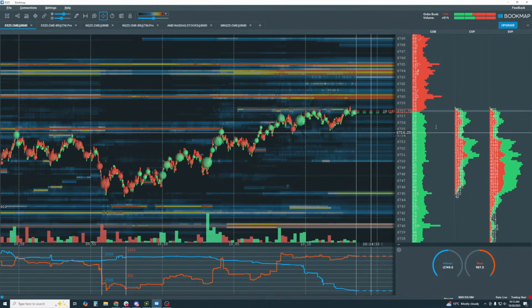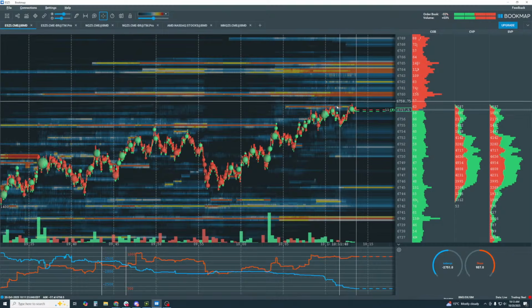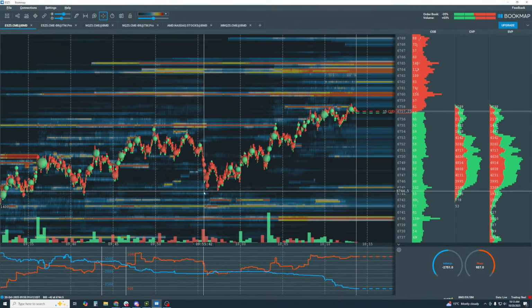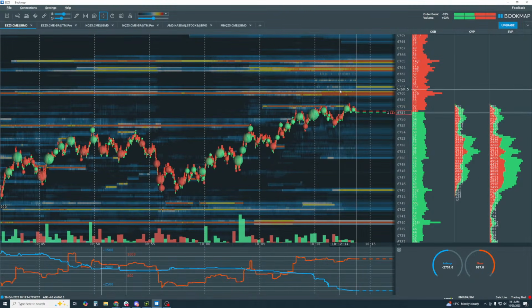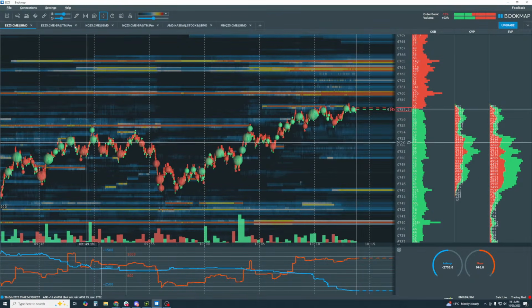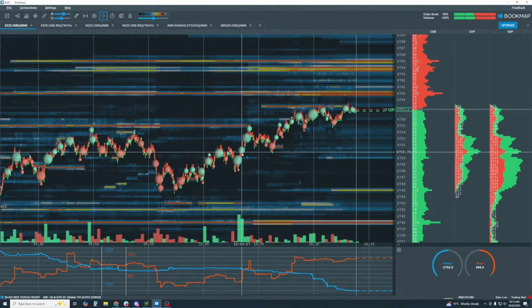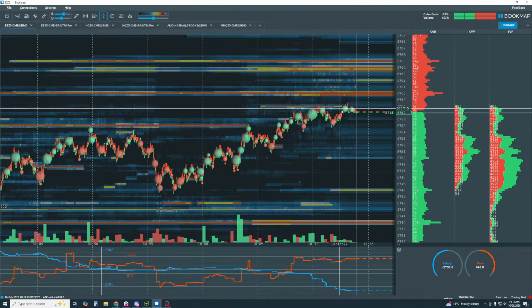We'll see if things change and get everyone on the hook, and maybe we see some selling coming in and retest some of these swings down in here. We don't know, but this is what we see at the moment, and the volume is good up here. We're looking for that strength and those aggressive buyers to move price higher.